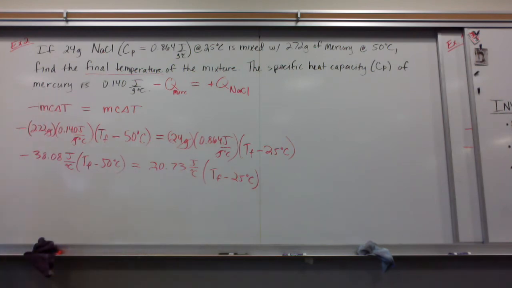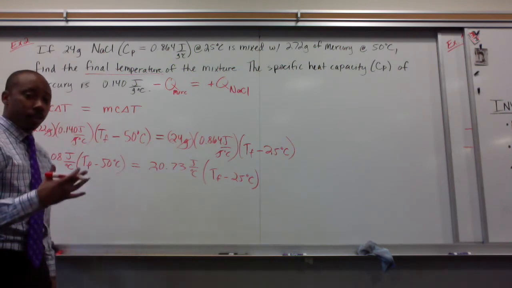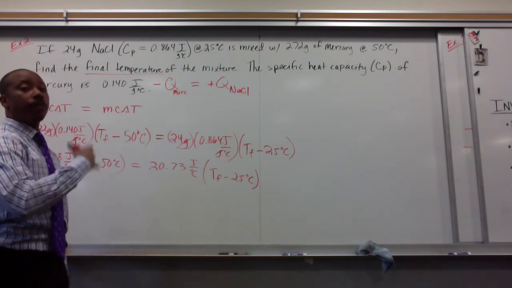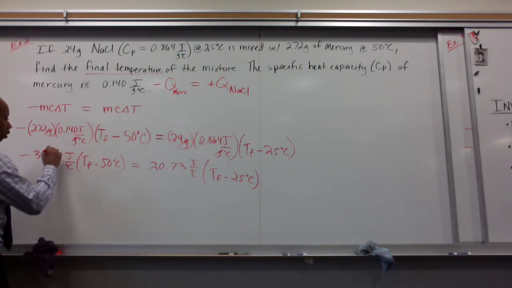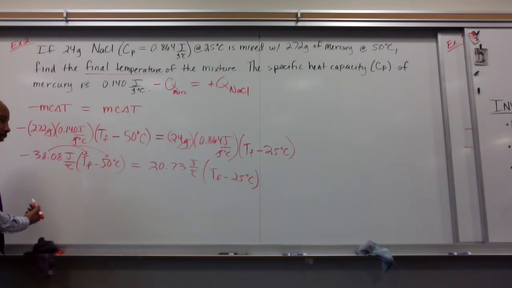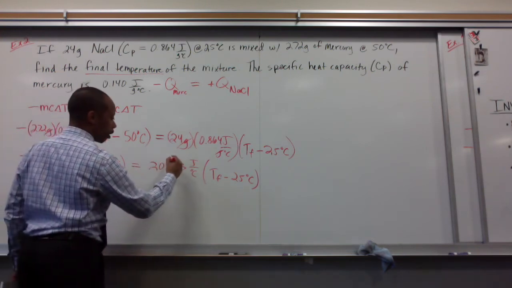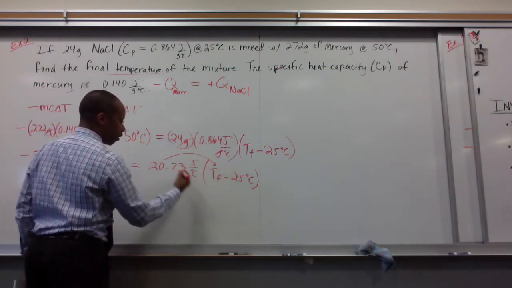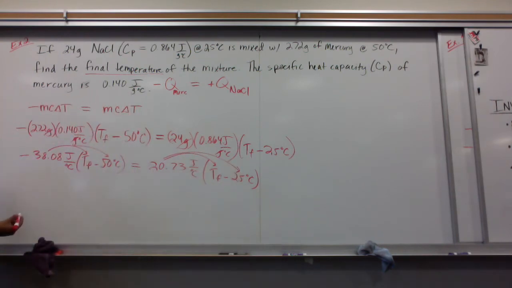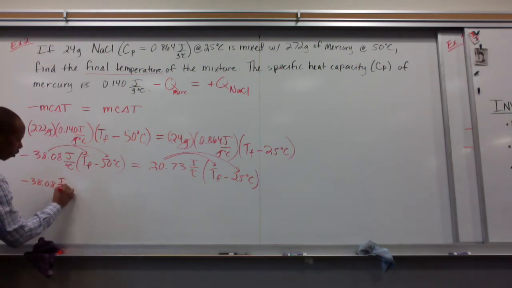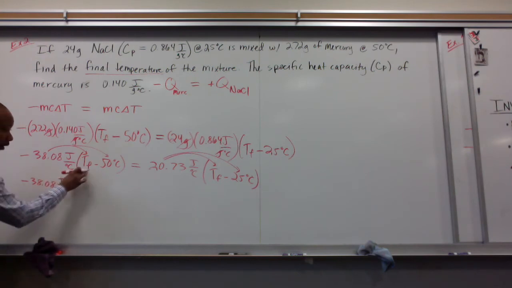Now here's where some algebra knowledge will come in handy. Here you're going to do the distributive property into this quantity here. So this is going to distribute into the TF and then distribute into the 50 degrees Celsius. Same here. I'm going to distribute 20.73 to the TF and to the 25 degrees Celsius. So when you do that, you get negative 38.08 joules per, these are units, whereas this is a variable.